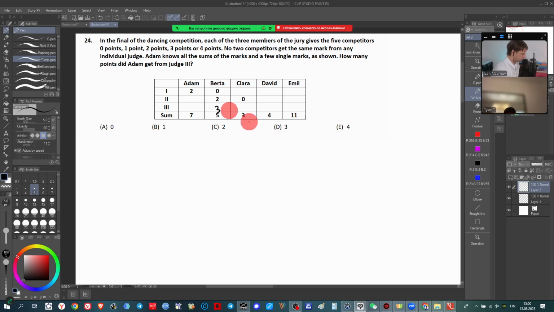So that means it's 1, 3, or 4. Okay. Yeah. I just put like a placeholder in. I put 1 in Adam's judge number 2 and 4 in.